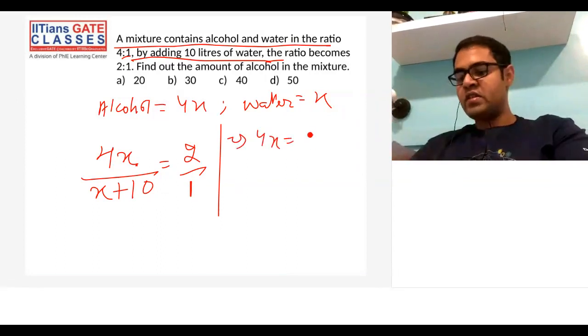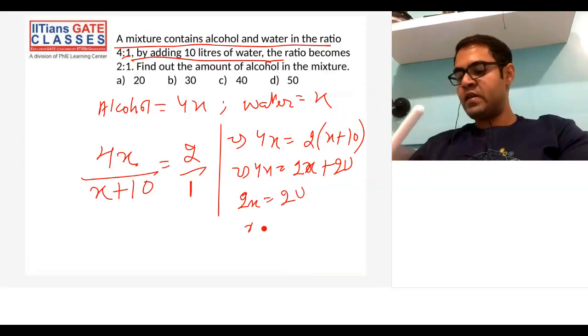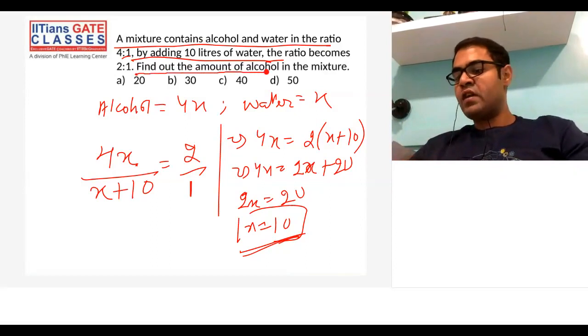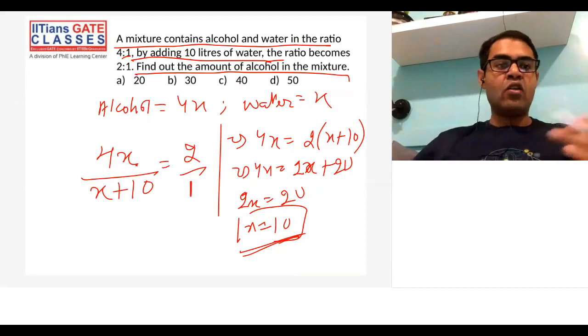So 4x is equal to 2 times of x plus 10, which is 4x is equal to 2x plus 20. So 2x is equal to 20 and x becomes what? 10. So now x is 10, and then what we need to find? We need to find out the amount of alcohol in the original mixture, because see, alcohol content is not changing.